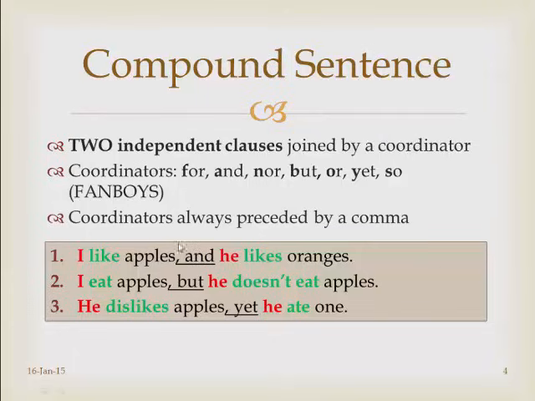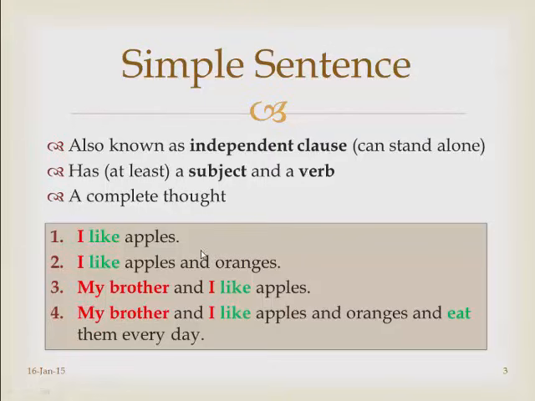Notice that we have the coordinator here, and, but why is it different from this one, this and, in a simple sentence? Well, I like apples and oranges. This and is not a coordinator because oranges is not an independent clause, right?